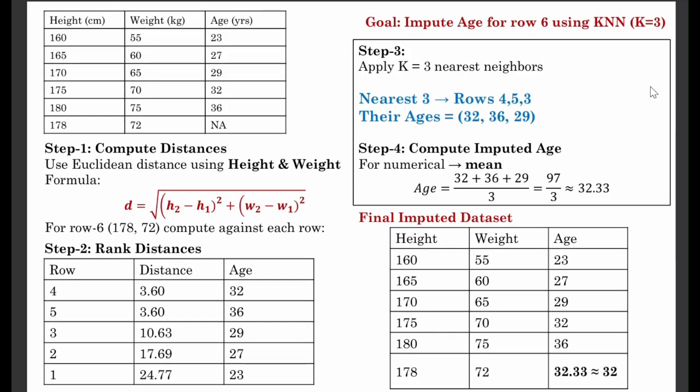Rank the distances from smallest to largest. The smallest distance means most similar. Step 3. Select the k nearest neighbors, the k rows with the smallest distances. Step 4. Take the mean of their values for numerical features or the mode for categorical features and use that as the imputed value.